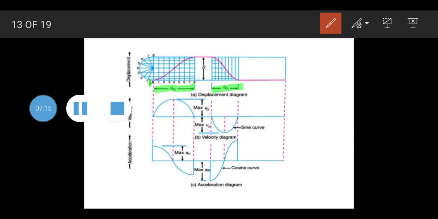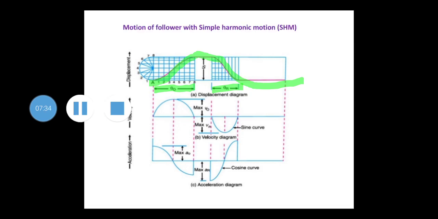When we join all these points, we will get a curvature like this. So this is nothing but the displacement diagram, with the velocity and acceleration diagram, for the follower moving with SHM, that is simple harmonic motion.